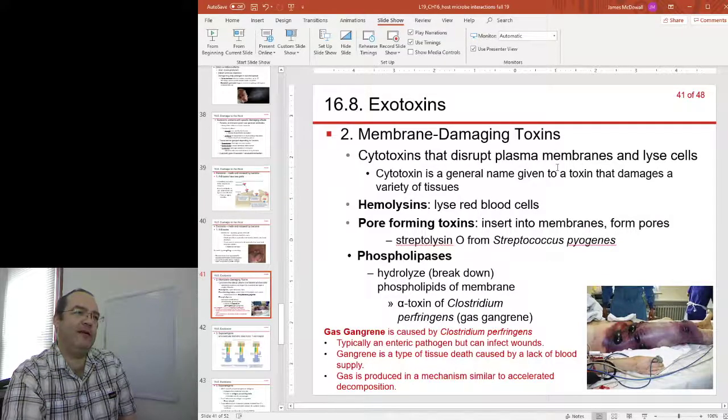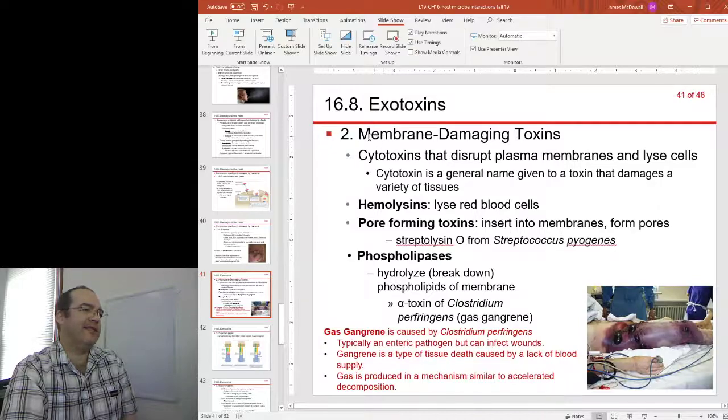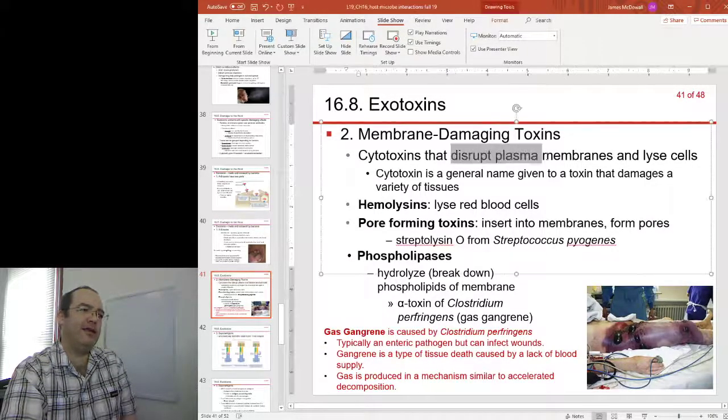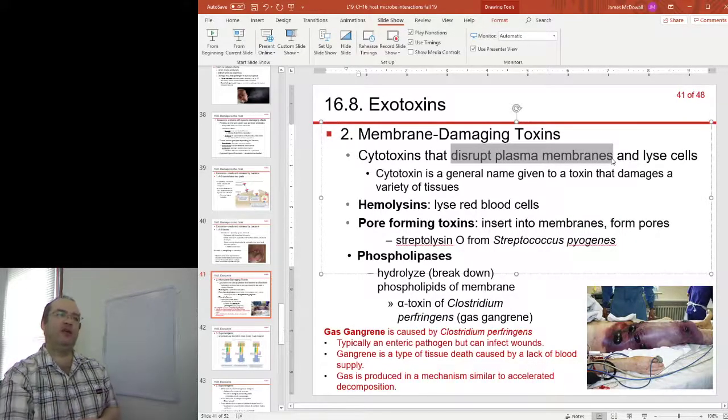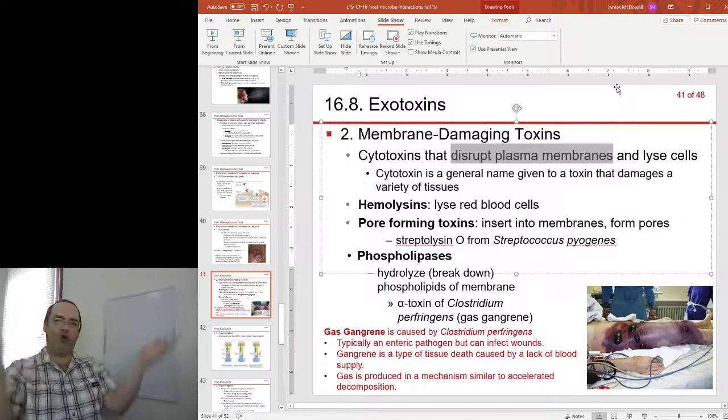And this kind of toxin, on slide 41, are membrane damaging toxins. And these do just what they sound like they're going to do. These are toxins that damage plasma membranes. And in animal cells like humans, the plasma membrane is all we have.